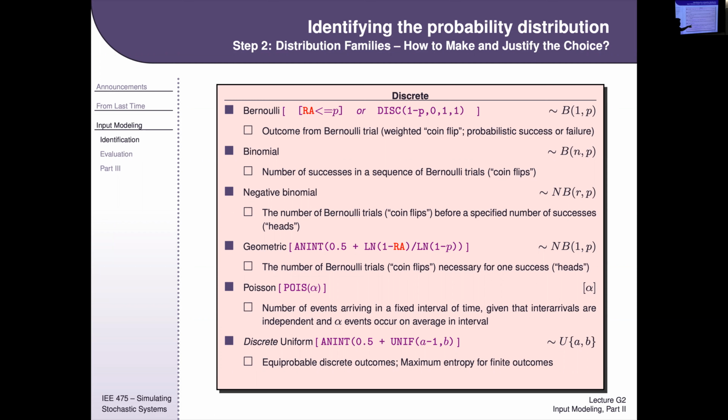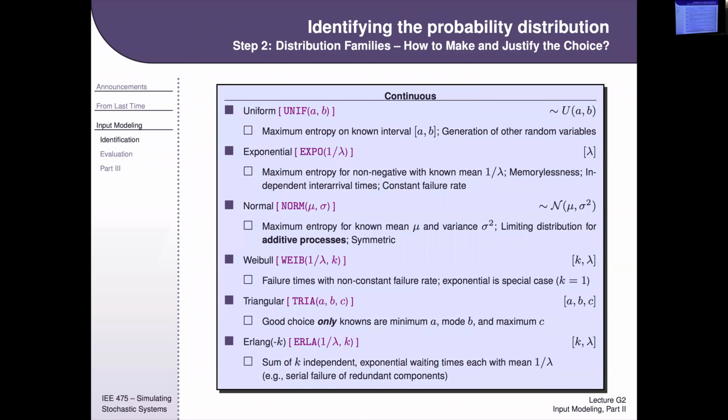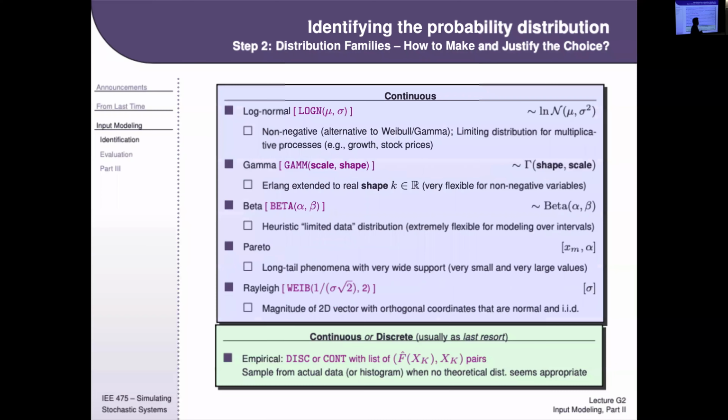Some of them are easy, like plus, but a discrete uniform has a more sophisticated formula, and there's a little summary of why you might use that. Same thing with continuous: if you're looking for the syntax in Arena for a given continuous distribution, I've summarized them here, along with why you might use that. And I do that again here with more continuous.